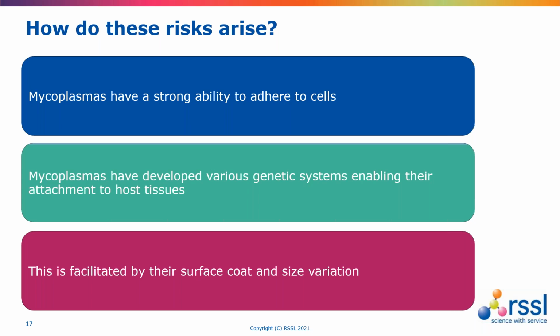And they also have highly plastic and variable surface proteins. This is a factor of the versatility of their surface coat and size variation. It also provides mycoplasmas with a coat of protein material that helps them to avoid the immune system when they're being considered as infectious agents.